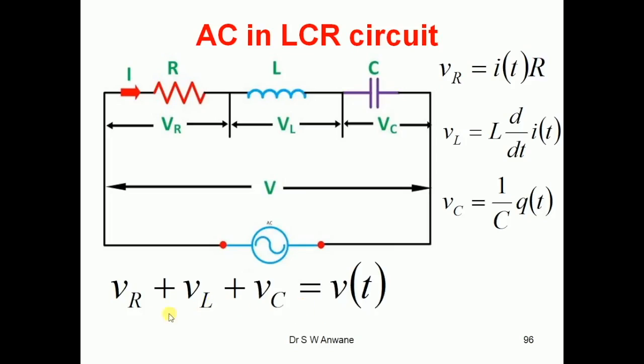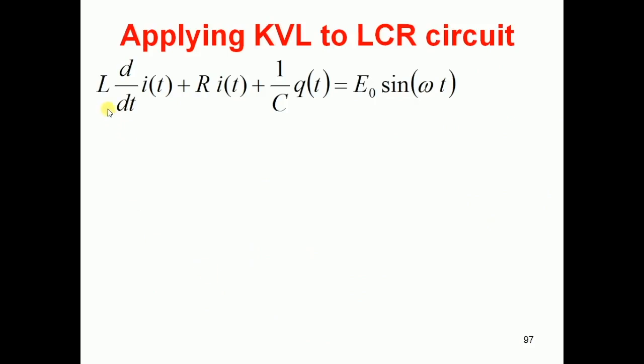So we have VR plus VL plus VC equal to V of t, and by substituting those equations we have L into d dt of I of t plus R into I of t plus 1 by C Q of t equal to E0 sine omega t.